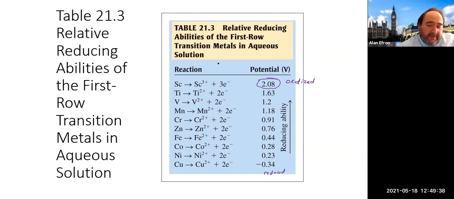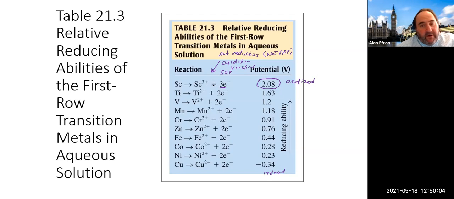The importance, though, is when you look at these half reactions, these half reactions are not reduction reactions, which means they're not SRP reactions. They are actually oxidation reactions, these guys. We know that because the electrons are on the product side, sometimes referred to as standard oxidation potential.